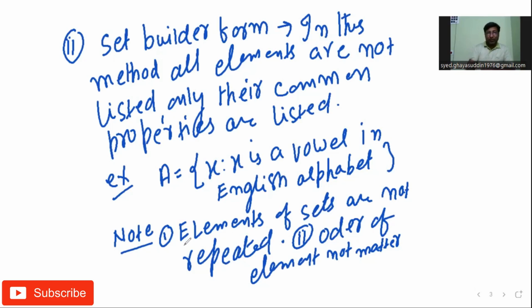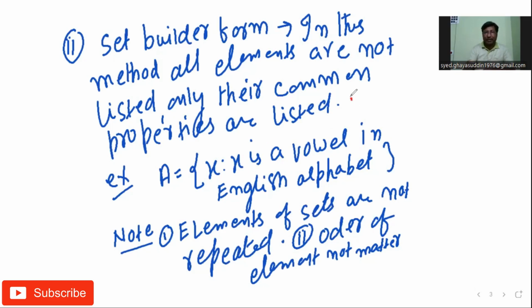Now this is a important note. Elements of a set are not repeated. That is, the elements of a set are written only one time, not repeated. And the order of elements does not matter. That is, if set A has members 1, 2, 3 or 3, 2, 1, both are the same.